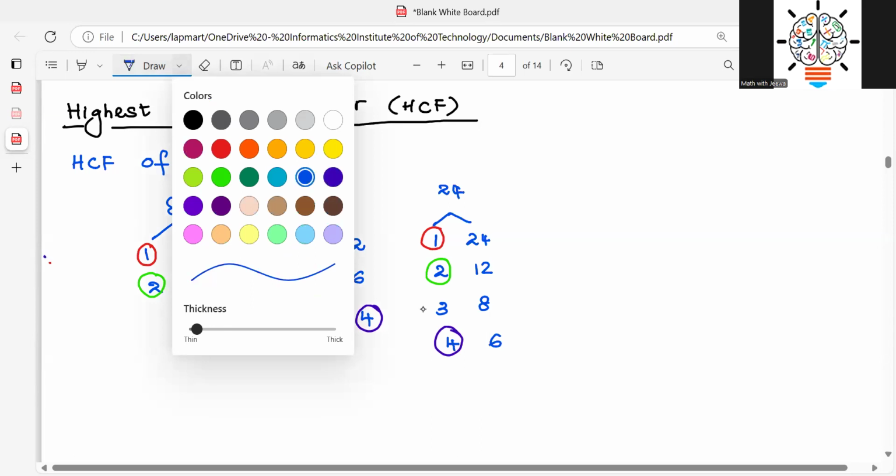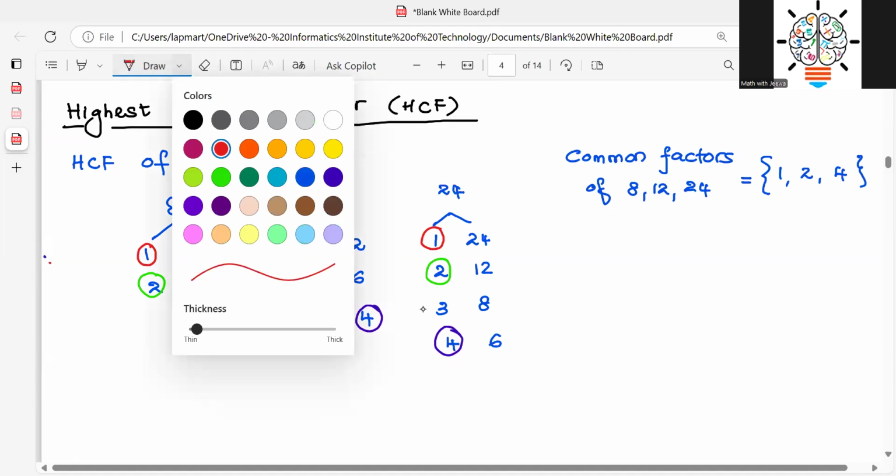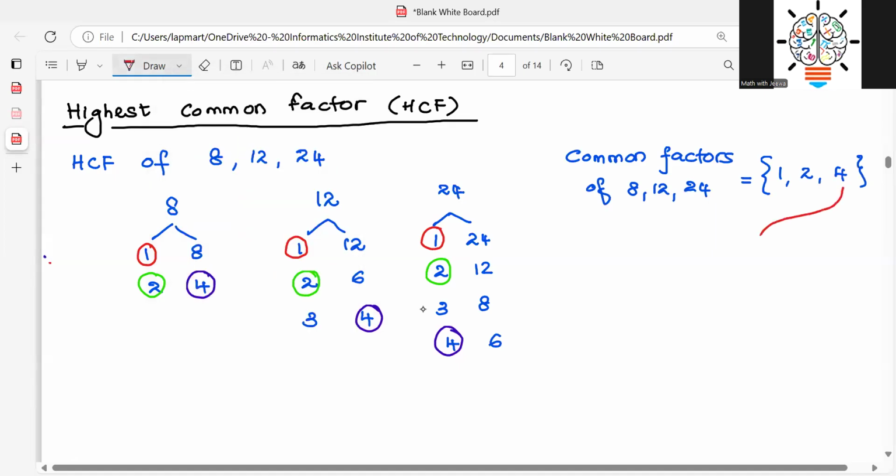The first thing we will write is the common factors of 8, 12, 24. What are the common factors? So we write 1, 2, 4. Out of those common factors, I'll extract 4, and what is it?